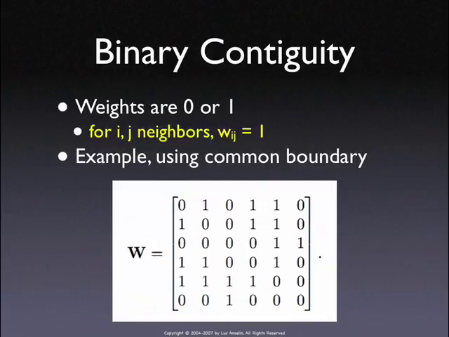So now we have 3 representations of the structure of our data. We have our little map with the boundaries. We have our network structure, our graph with the nodes and the links, and we have our matrix with the zeros and the ones. Where we had a link between nodes, we have a 1 in the corresponding element of the matrix. When we have no link, we have a 0. If there is a common boundary between the 2 polygons, we have a 1.